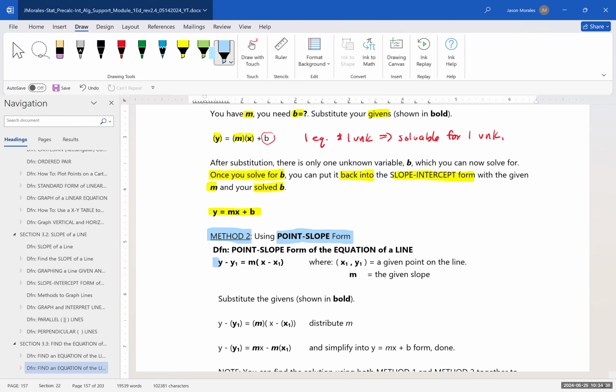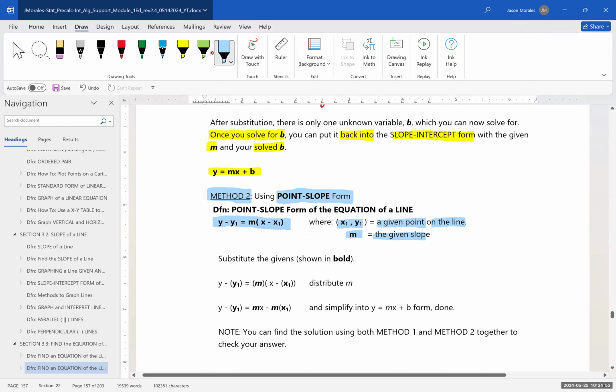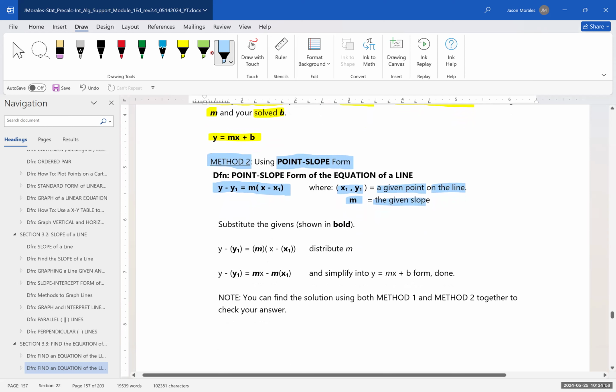The point-slope form looks like this: y minus y1 is equal to m times x minus x1. Here x1 and y1 is a given point on the line, and m is just a given slope. What you do is substitute the givens into the point-slope form.